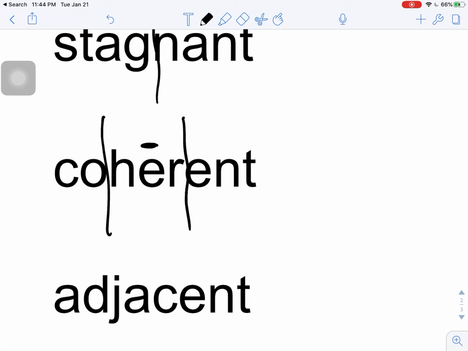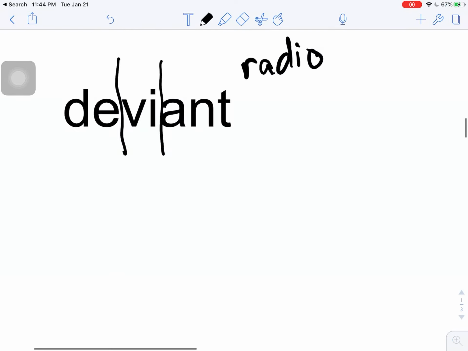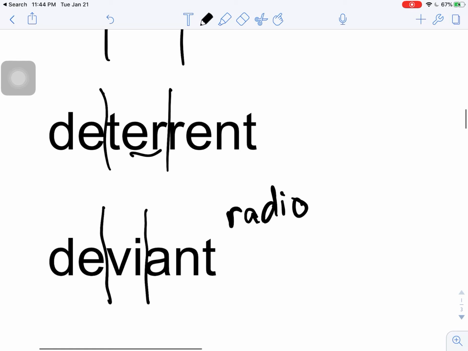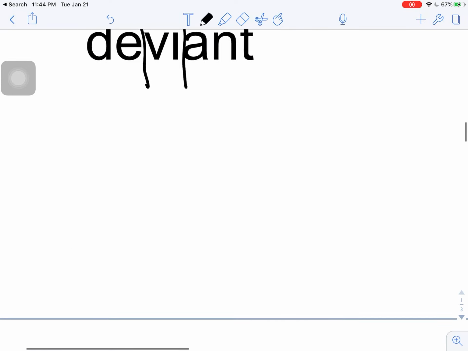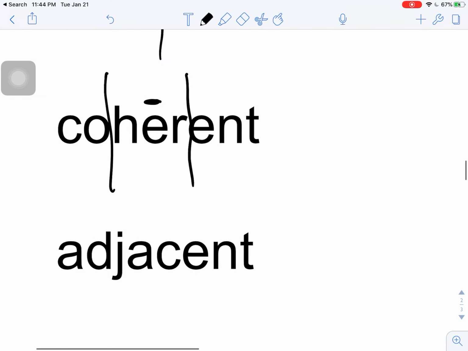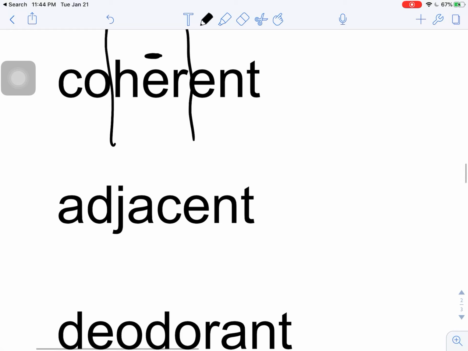It's just an oddity that the E is saying E, but it's because it's using the same root as here. Like in adhesive, you can hear the he sound in adhesive, right?